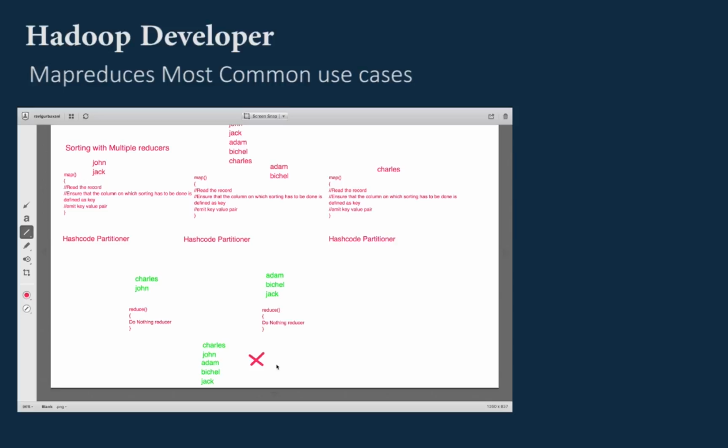But when the final output comes, we'll have 2 files. In the first one we'll have Charles and John, in the second one we'll have Adam, Bishil and Jack, which is not sorted.